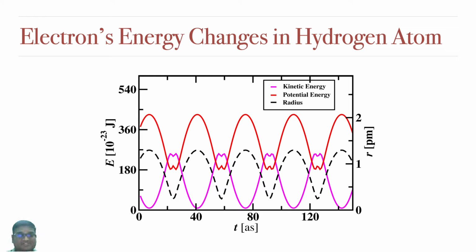Based on the experimental ionization energies, I calculated back the dimensions of the potential and kinetic energies. So this is how the electron revolving around the proton in a hydrogen atom looks, and how the energy changes along with the radius.